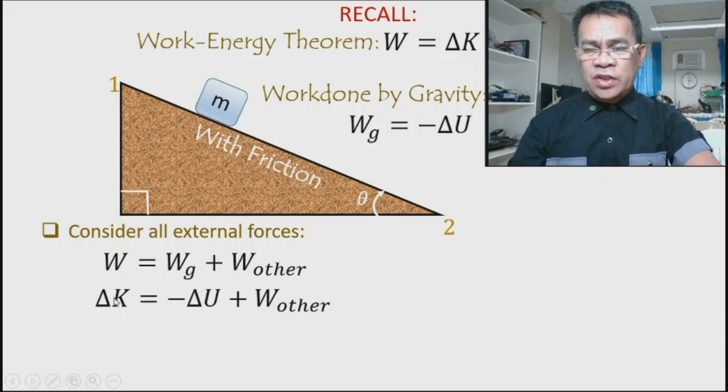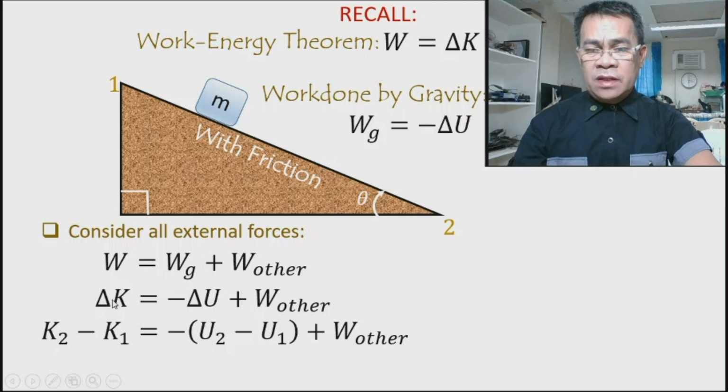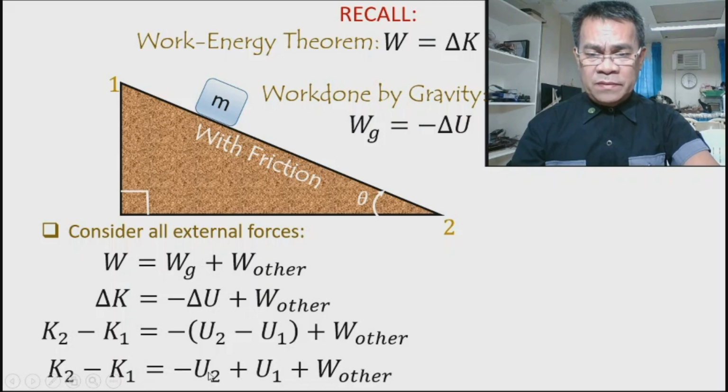Then substitute, change means final minus initial. So K2 minus K1, and for U, take note, it is the final minus initial gravitational potential energy, plus the work done by the other. Remove the grouping symbols.